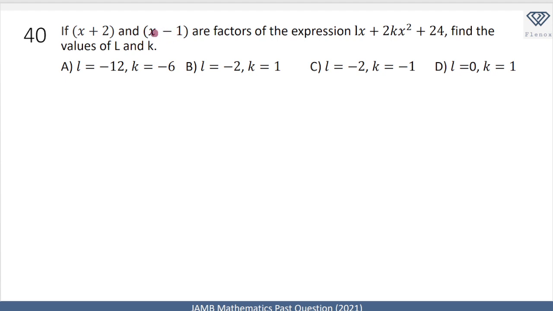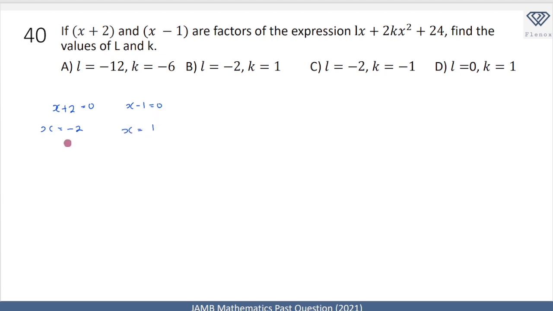So we know that when we solve this eventually, x plus 2 equals 0 as a factor. So x is equal to minus 2. In this case, x minus 1 equals 0, so x is equal to 1. So what can we say?